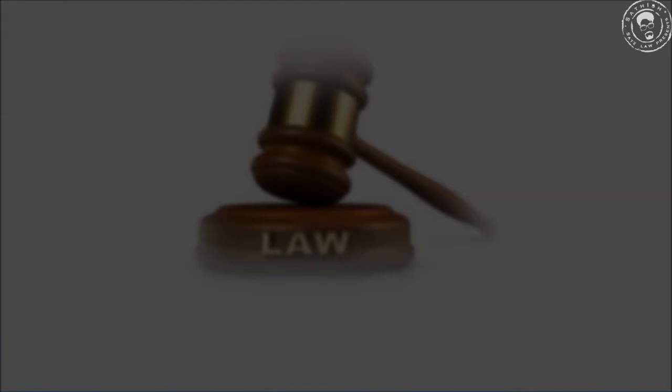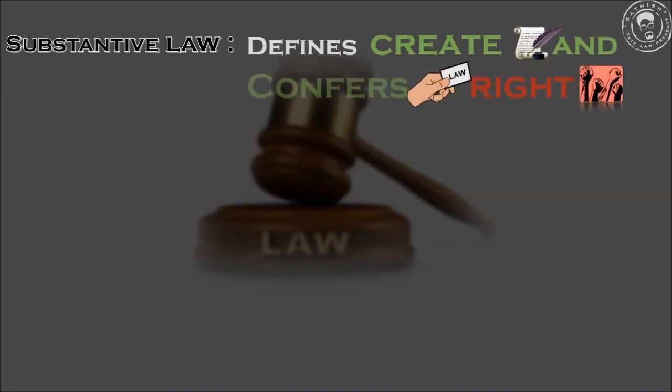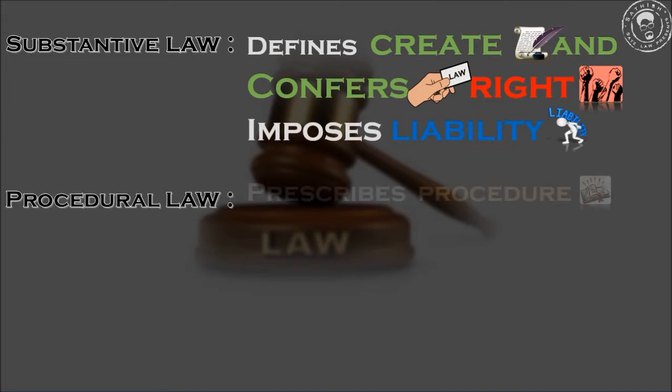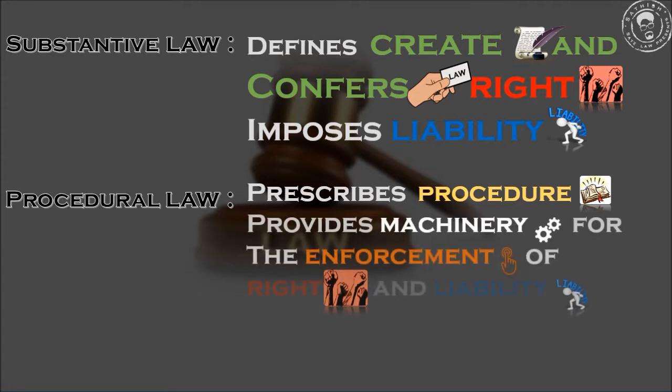Before that, we must be clear about substantive law and procedural law. Generally, substantive law defines, creates and confers rights and imposes liability. Procedural law prescribes procedure and provides machinery for the enforcement of rights and liability.